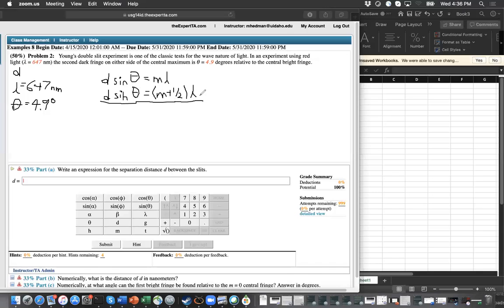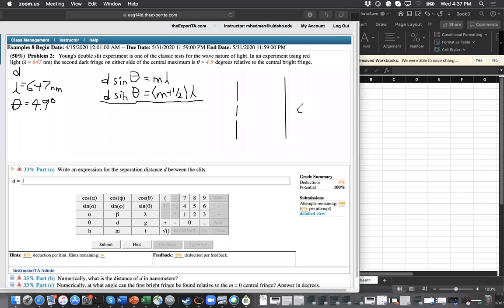Okay, so we're using this, but now we have to figure out what m we're talking about. Sometimes it's easier to draw rather than just write it down. So again, we have our two slits, and this produces a pattern on a screen. I apologize in advance for how ugly this is going to be.